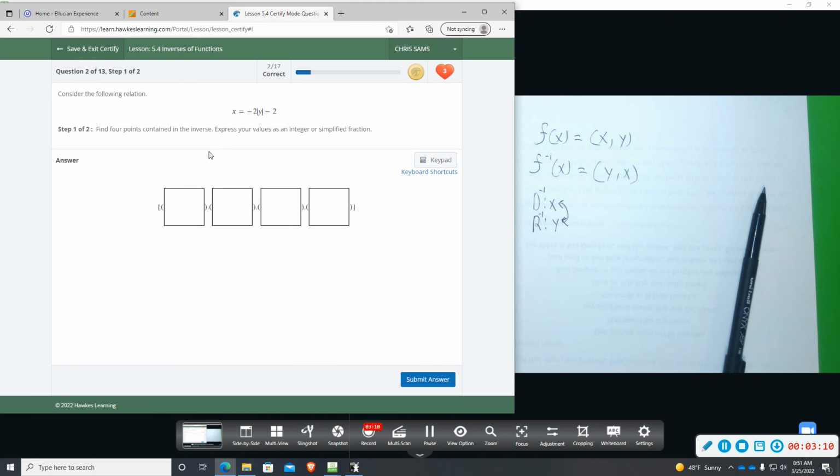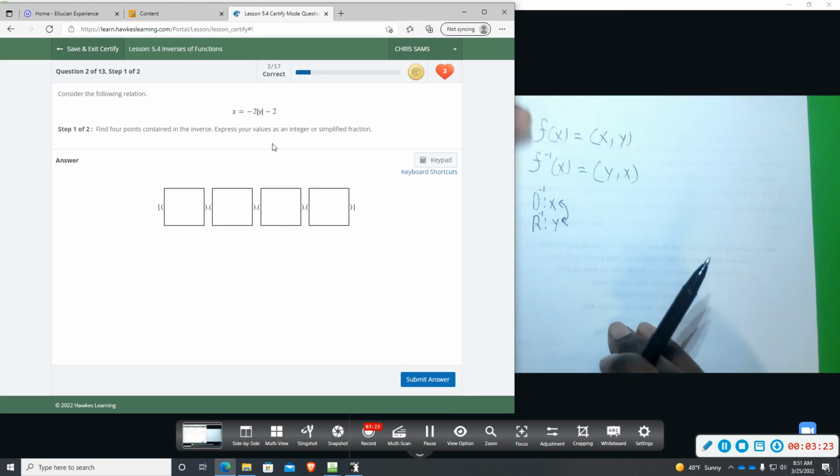All right, so number 2, this one says consider the following relation. We're going to find 4 points on the inverse. For inverse, you want to change x and y and then solve for y. That's the way I recommend you do it.